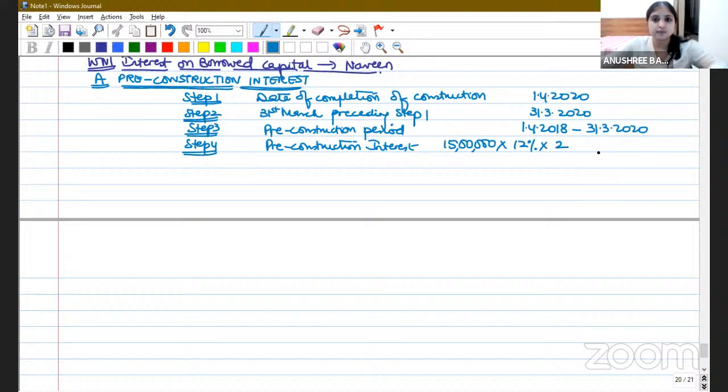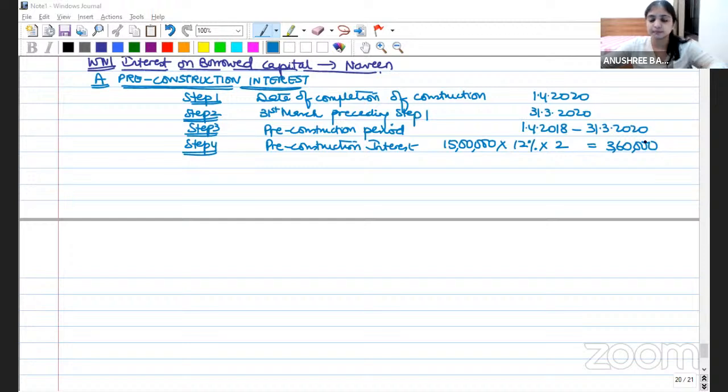So for 2 years, we have to calculate this interest. What will the amount be? Do the math. 15 lakh into 12% into 2 years. You will get 3,60,000 rupees. Do we all get this right? Yes.